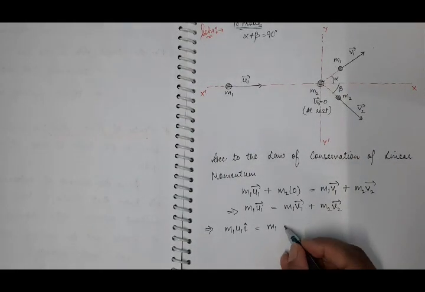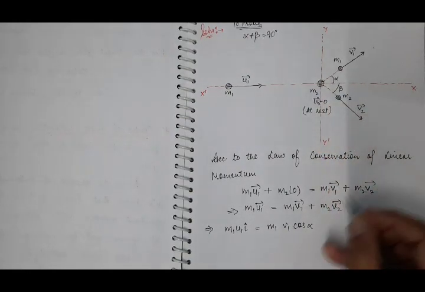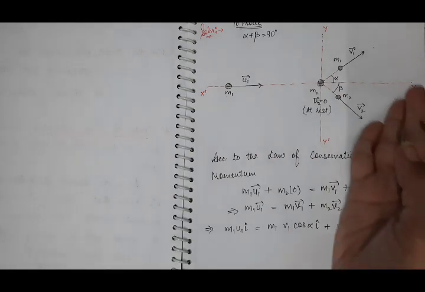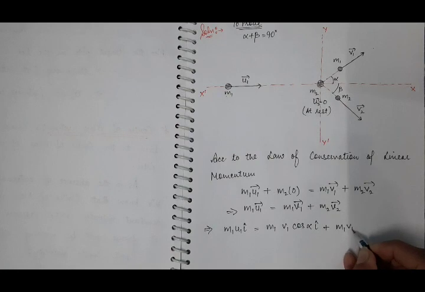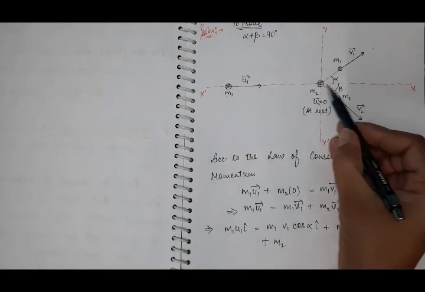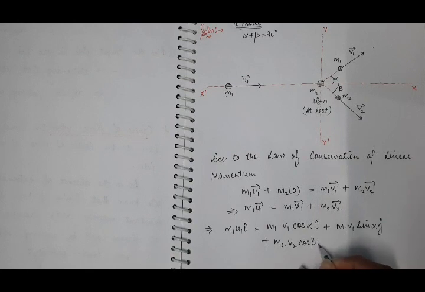So m1 v1 cos alpha is the component along the x-axis, with i cap, plus m1 times its component along the y-axis, which will be a sine component: m1 v1 sin alpha, and the unit vector along the y-axis is j cap. Then plus m2, similarly, v2 along the x-axis, its component will be v2 cos beta i cap.